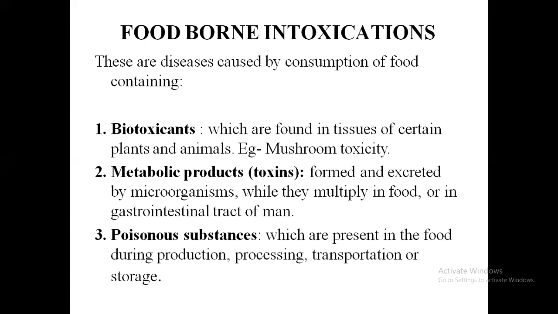Also metabolic toxins, which are formed or excreted by microorganisms in the food or in the GI tract of a person, and these metabolic products can become toxic to the human being. And also the poisonous substances present in food during production, processing, transportation, or storage. This process can cause foodborne intoxications.